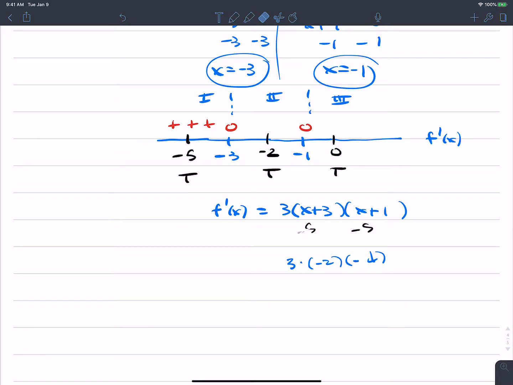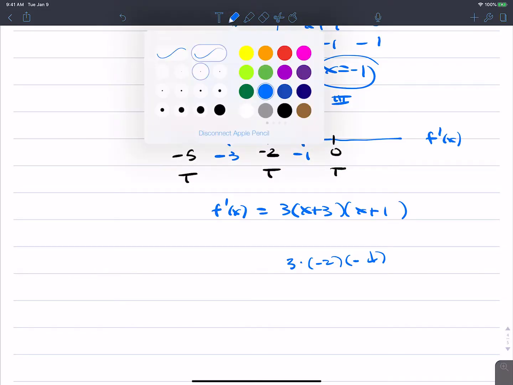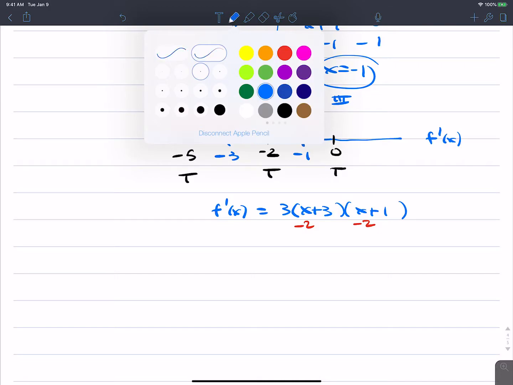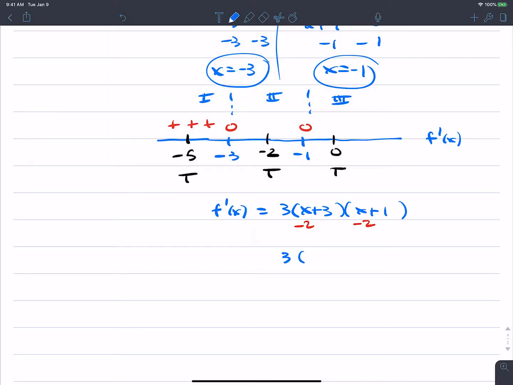Okay, repeat the process now. This time, what's the test point? It's -2. So you plug in -2. I don't really care about the answer, just the sign: 3 times +1 times -1.